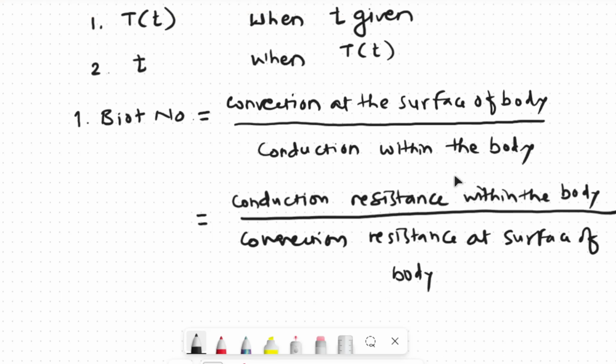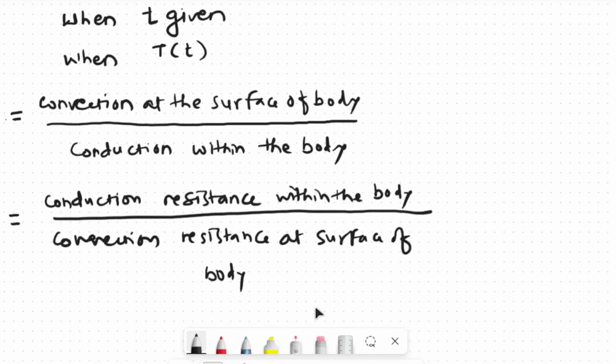Now let us see, as per the definition, we are seeing the ratio of convection at the surface of the body. Now we know that the convection at the surface of the body is h into delta T, and conduction within the body can be termed as k into dT divided by the characteristic dimension of the body.